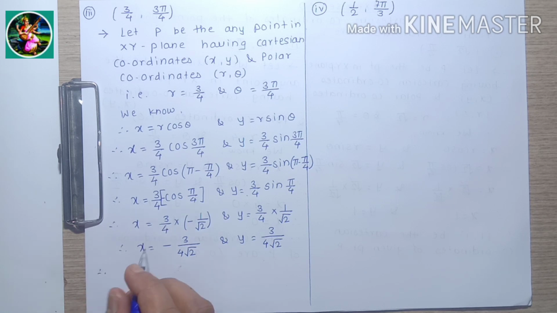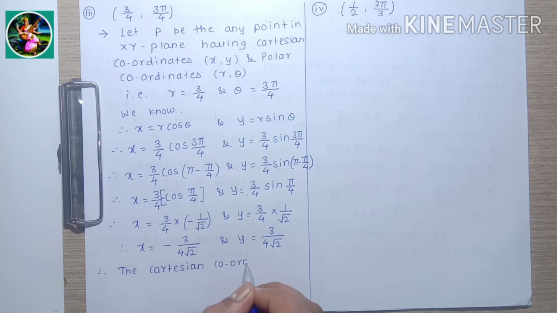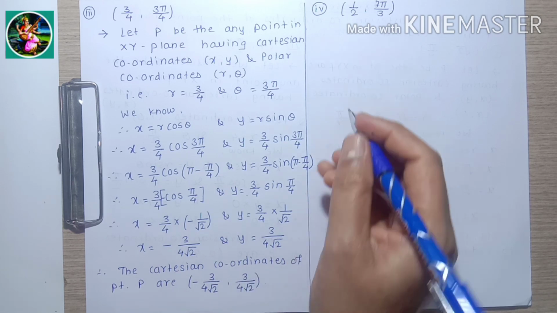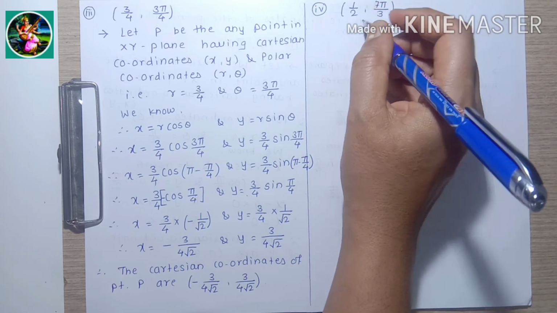Therefore, the Cartesian coordinates of point P are (minus 3/4√2, 3 divided by 4√2). Similarly, we have to solve the next example.